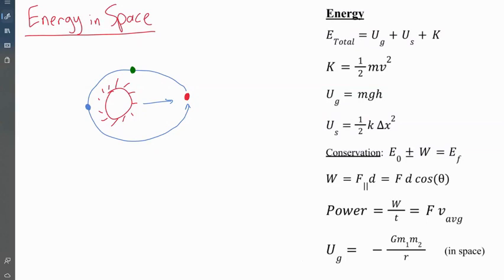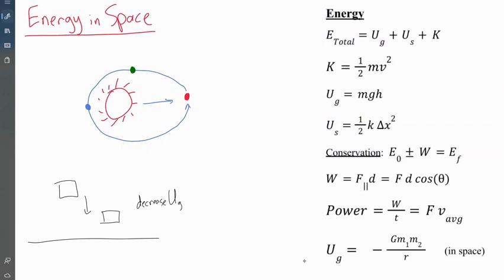To make an analogy to the Earth's surface, if I have a box there and then I lower the box down, I am decreasing my gravitational potential energy, decreasing U sub G, because the box is getting closer toward the thing that's exerting gravity on it. The same thing is true here.